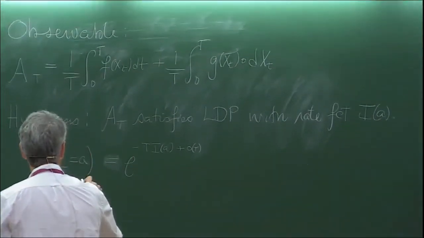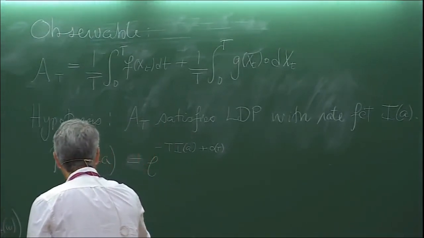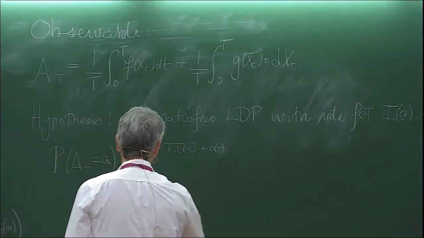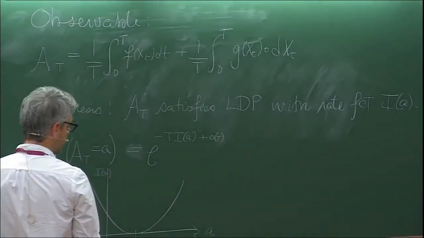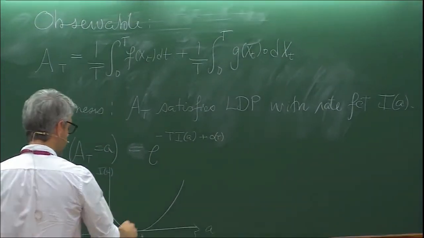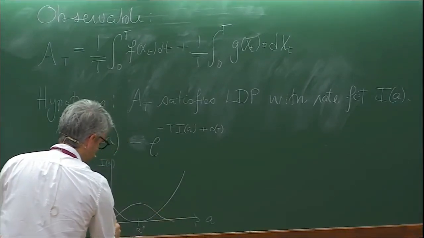What I have is that the rate function in general is always positive. In many cases it is convex. You have I of a equal to 0 corresponding to the mean, and the mean is also the concentration point of the observable, and that's the law of large numbers. So if you look at a specific time, you have a distribution like this.